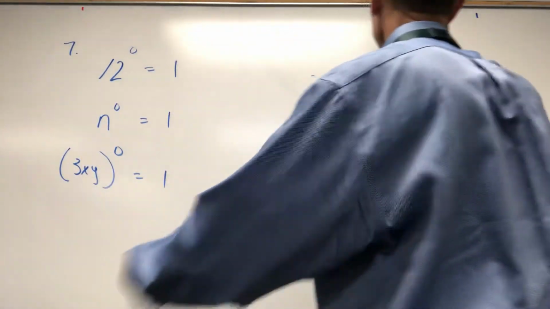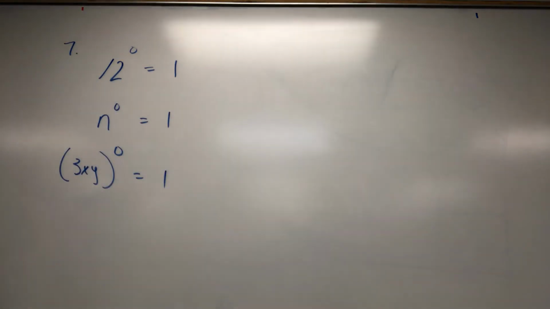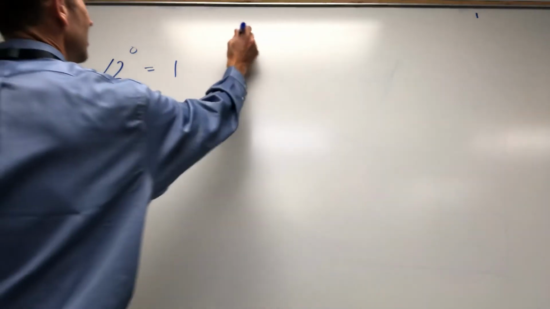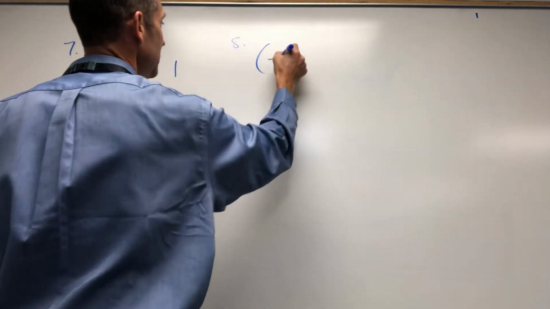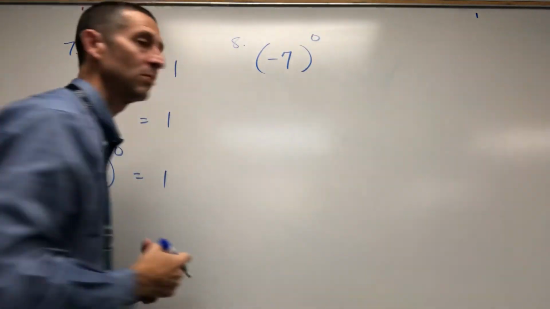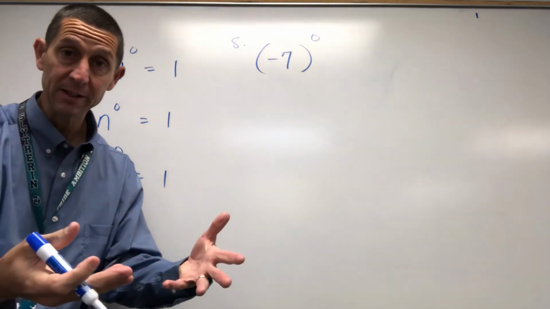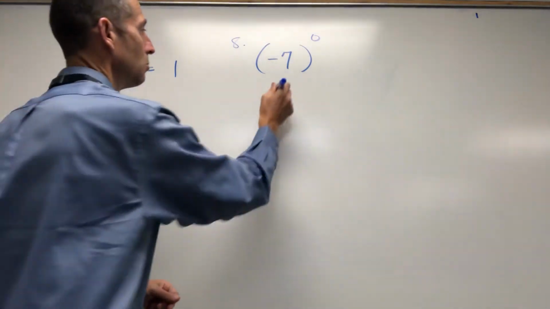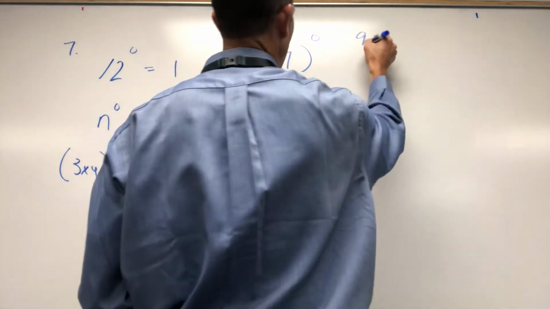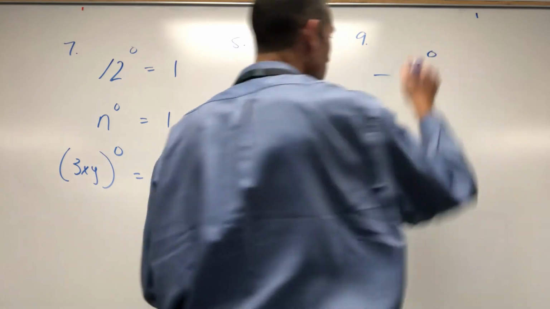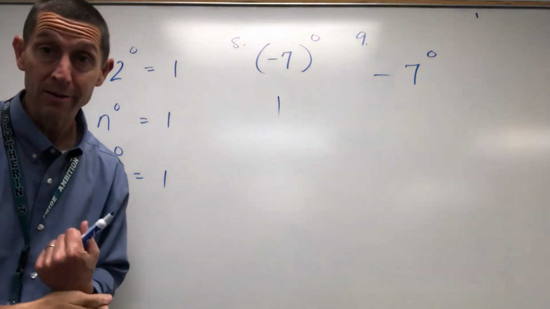Now you got several of these that come running at you today. As long as you're in parentheses, like (-7) to the 0, if you're inside parentheses, it just turns out to be 1. It gets a little weird if there's no parentheses. Now you got to be careful.